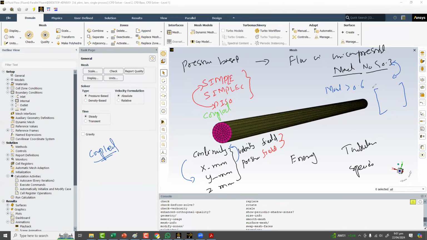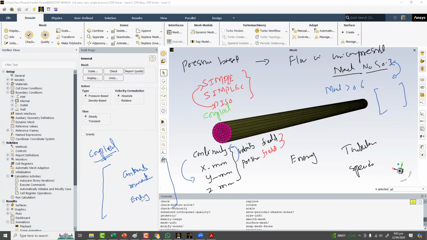And the density-based solver is the same as the coupled one, but they solve the continuity equation, the momentum equation, and the energy equation in a single matrix. Why are they solving in a single go?